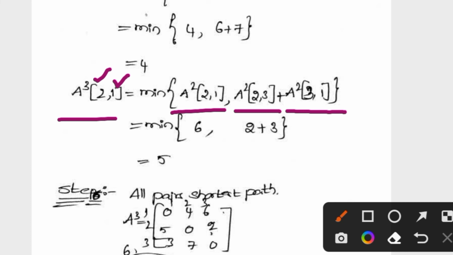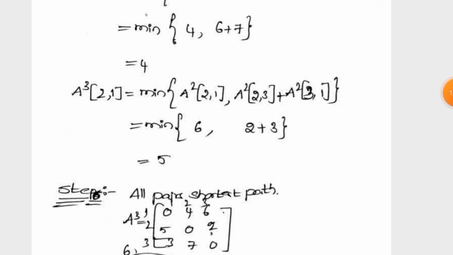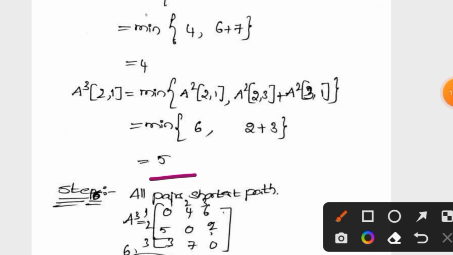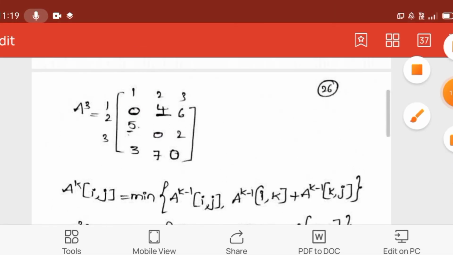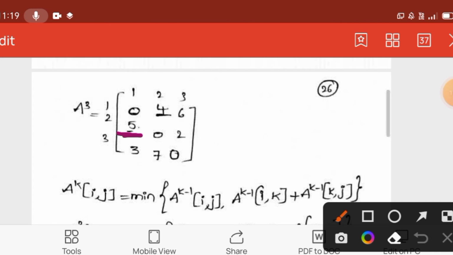In the A power 2 matrix, the 2 comma 1 value, second row first column, is 6, comma, 2 comma 3 means second row third column value is 2 plus third row first column value is 3. So we add them, and 6 comma 5 will come. We take the minimum value, that is 5, and we write it in matrix 3. So this 2 comma 1 position value is 5.